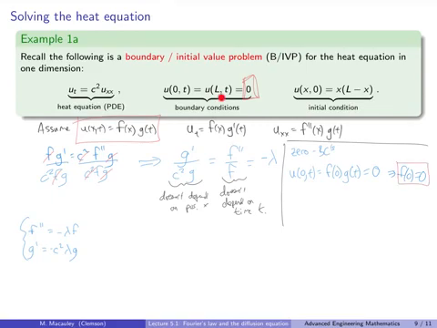Similarly, we have this other boundary condition. This says that u at L and t, well, as before, let's just plug in L into f of x. So u of L and t is f of L times g of t. Once again, that's equal to 0. And we have a number times a function g equaling 0.